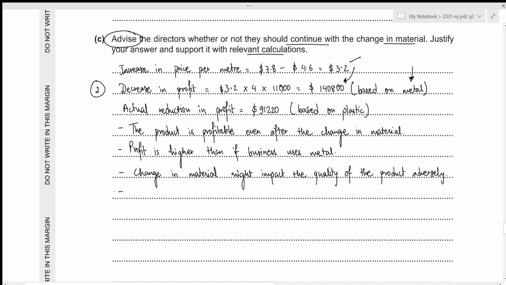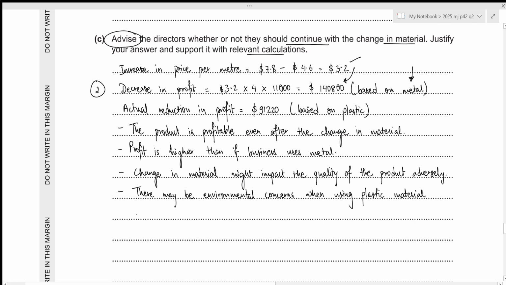Then one more comment is that since we are using plastic, it might have some environmental concerns as well. It might be more degrading to the environment. Let's write it down. There may be environmental concerns when using plastic material.